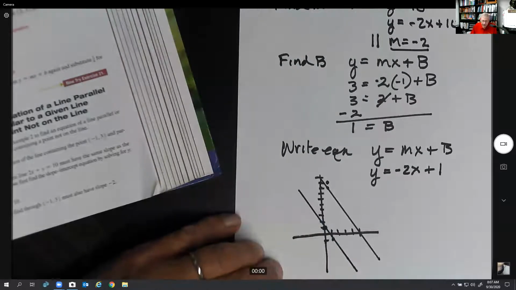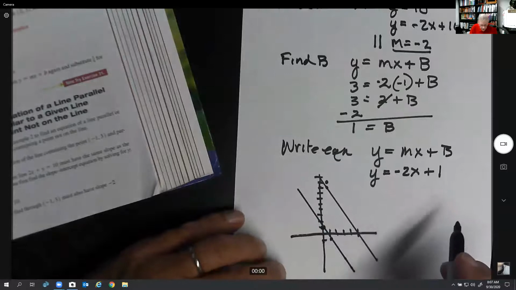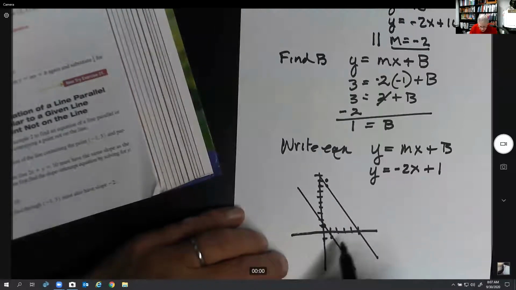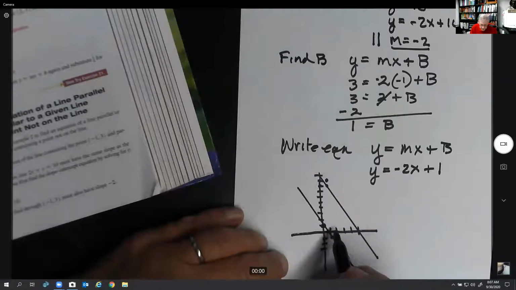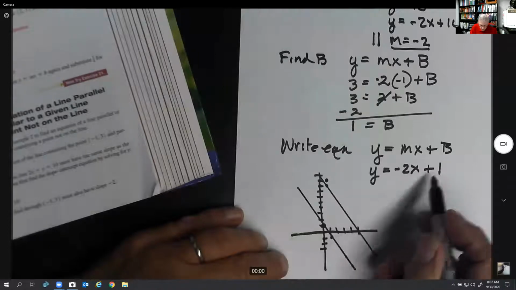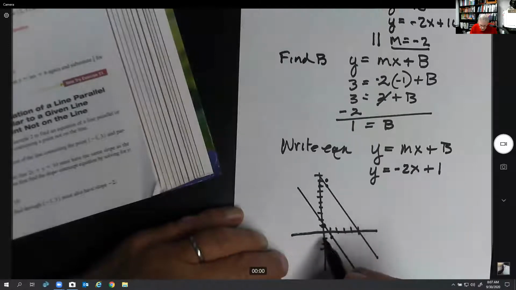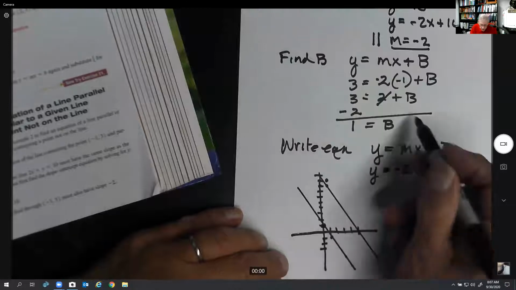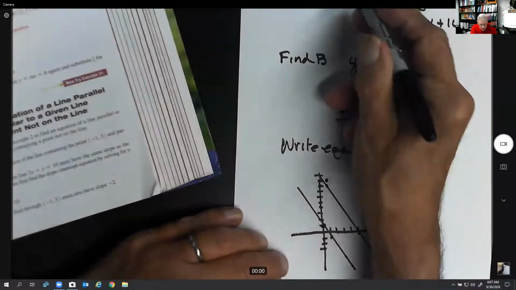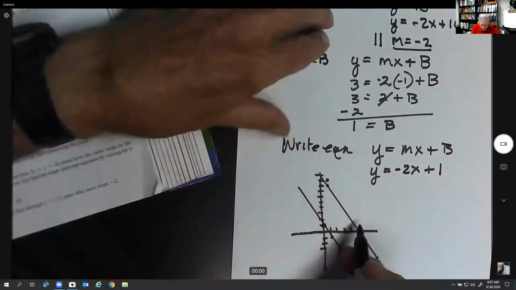Pretty cool. And it was supposed to go through the point -1, 3. Now that's a little harder to see. Let's see, this one was supposed to start at 1 and go down 2 and over 1. Oh, it was supposed to go through the point, excuse me, -1, 3. I was thinking of -3.